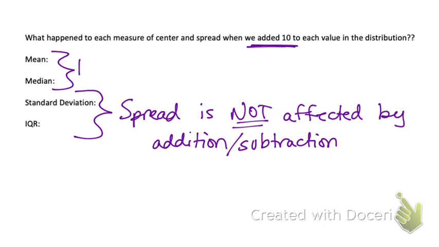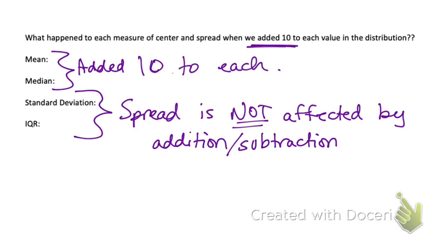Oh, they got moved. Those things are different. We added 10 to each number. Just like we added 10 to every number in the distribution, we added 10 to the mean and the median. But the standard deviation and the IQR are not affected.